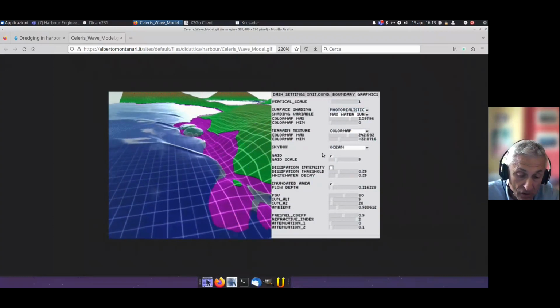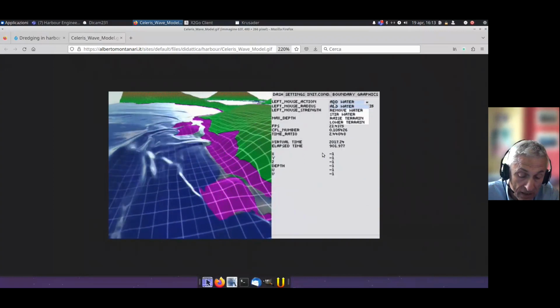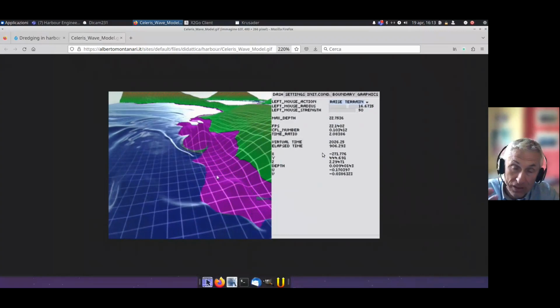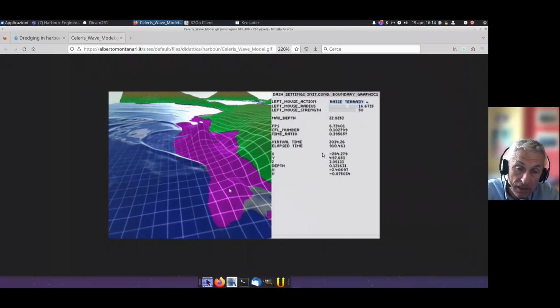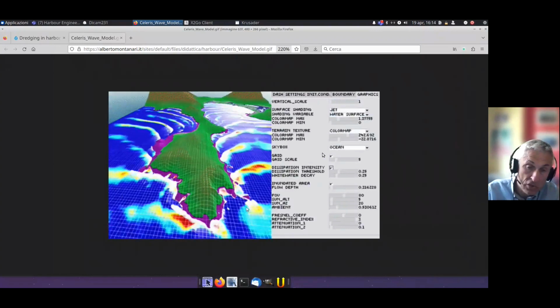You may have heard of digital twins. Digital twins are numerical attempts to reproduce digitally a perfect replica of the Earth system. And these digital twins are increasingly used also in coastal engineering.